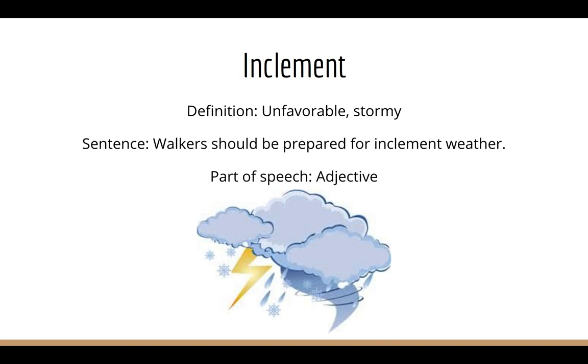Yeah, turbulent weather. There might be some turbulence. A sentence for inclement is, walkers should be prepared for inclement weather. Part of speech is an adjective. In the picture, there's a tornado, lightning, snow, rain, and all that stuff.